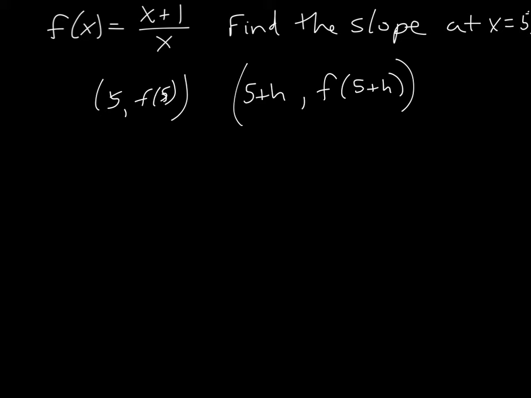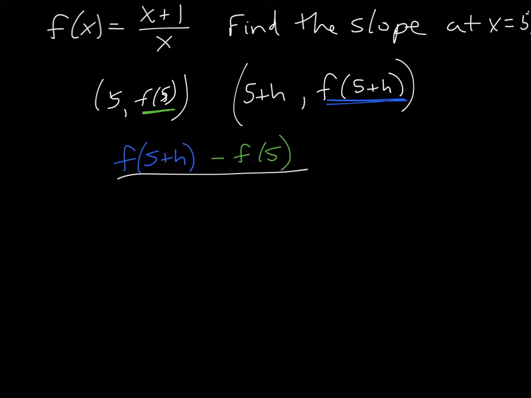plus h. And then my setup here becomes, let's take y2 minus y1. So that would be f of 5 plus h minus y1. And let's put that over x2 minus x1. That would be 5 plus h.